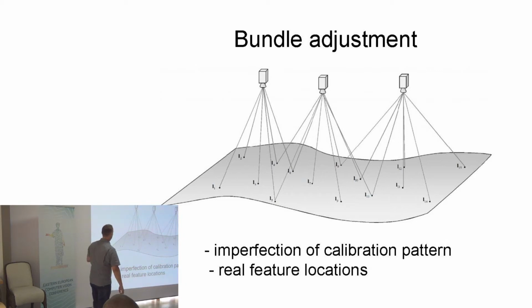How can we do it? In our bundle adjustment procedure, we can add not only positions of the cameras and calibration parameters. We can put the positions of the individual features and estimate not only ideal positions of features on the calibration pattern, but we estimate real positions, with all real distortions of the calibration pattern.